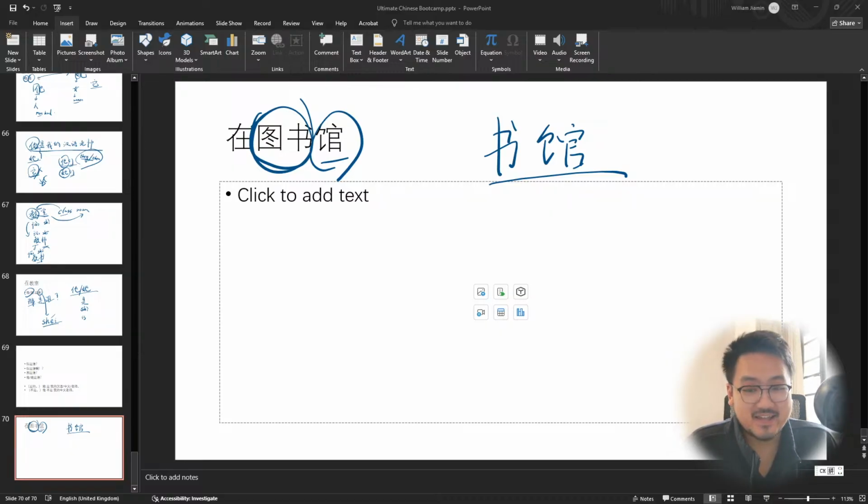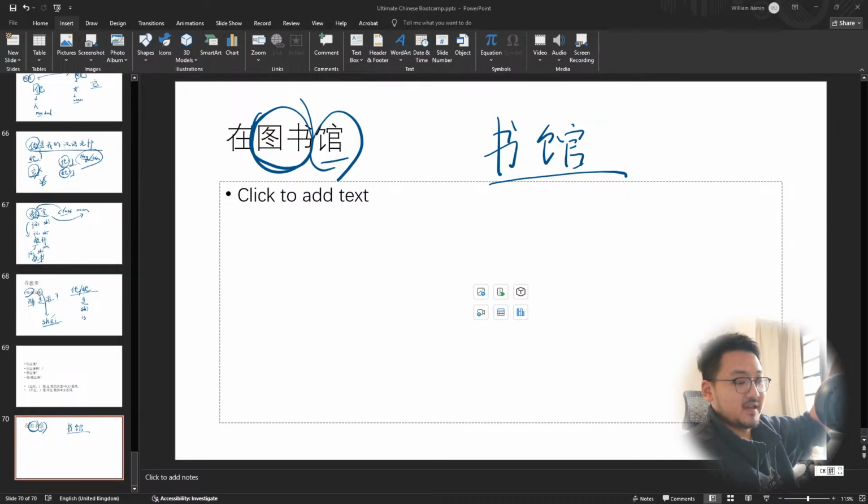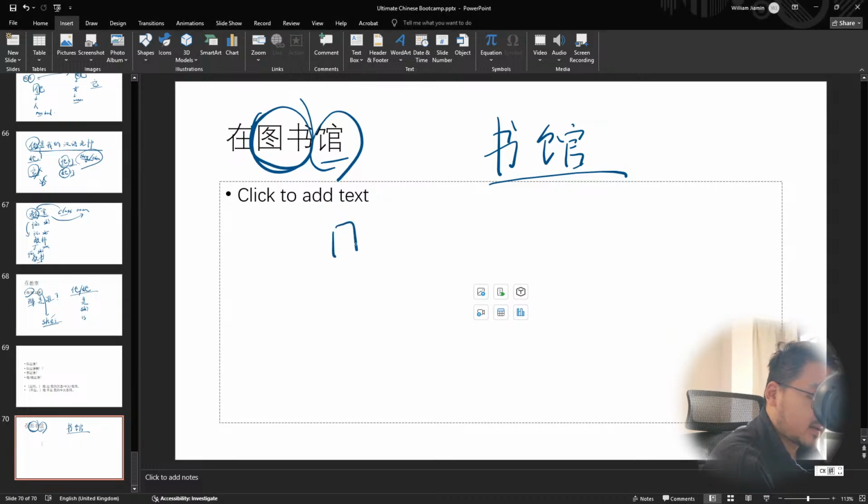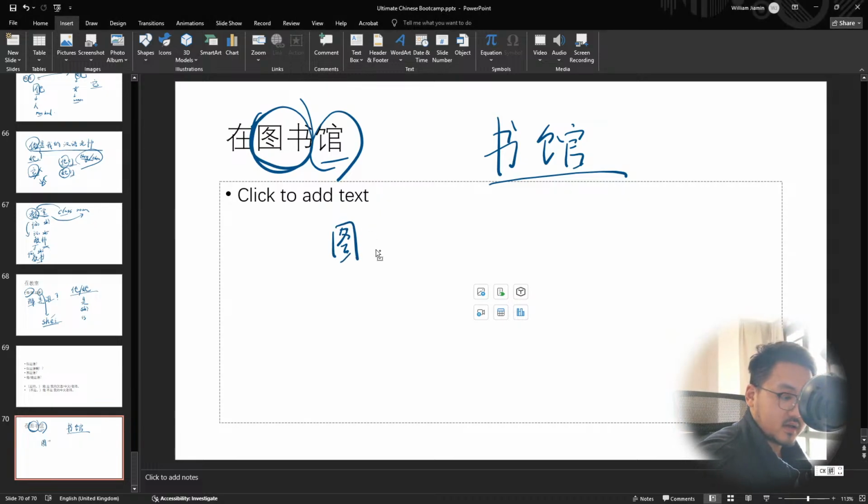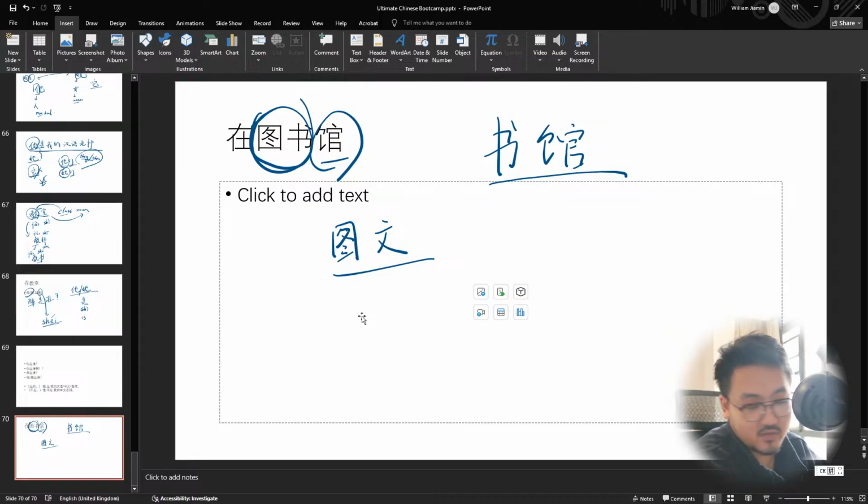You go to that shop and you can print things out, you want to photocopy things. Okay, let me just rewrite this. Wen. Okay, so that's a typical combination.